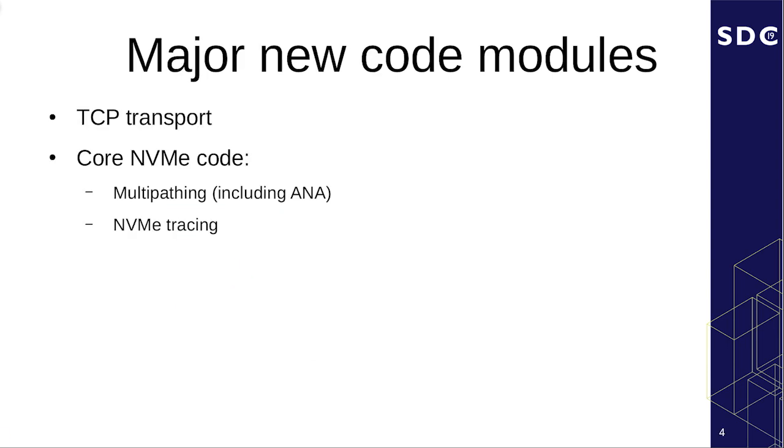And in this code structure, what's new is that we got two, or three-ish, major new pieces of code since then. One is a new NVMe over Fabrics TCP transport. It's just another of these network-based NVMe transports. One that a lot of people find very exciting, not really because it's the fastest or the most advanced or anything, but because it doesn't require any special hardware.